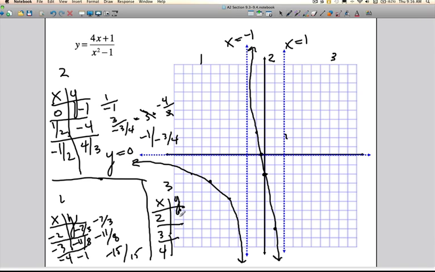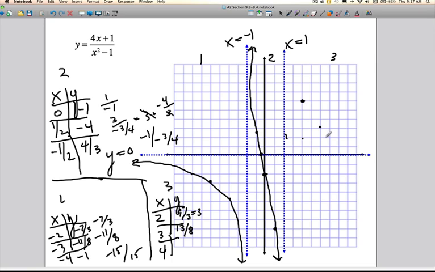And I'll have 8 plus 1 is 9, and 4 minus 1 is 3, which is 3, so I'd be at 2, 1, 2, 3, all the way up here. I'll have 12 plus 1, which is 13, and 9 minus 1 is 8, 13/8, so that's about, again, a little more than 1 1/2.